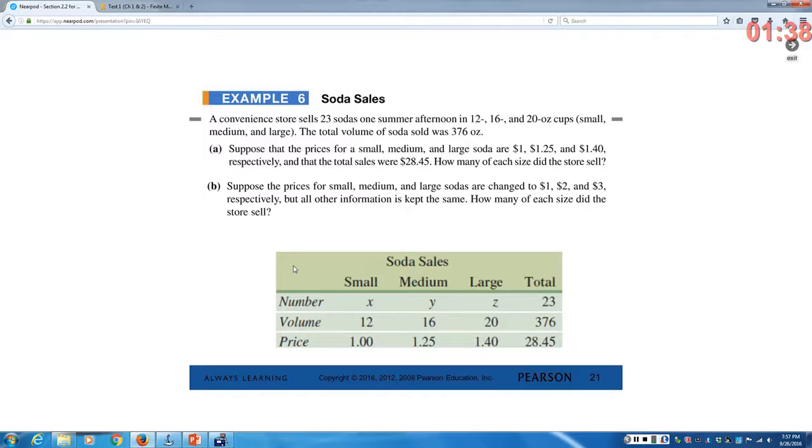The volume of the sodas is going to be 12x, 16y, and 20z, and it has to total up to 376. And then the price of the sodas would be $1 times x plus $1.25 times y plus $1.40 times z, and that equals $28.45. So that's the matrix that we're going to put in.